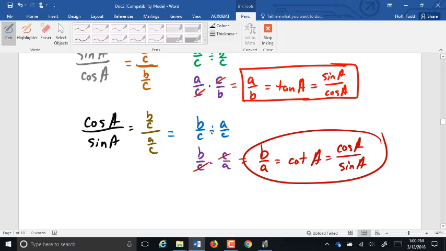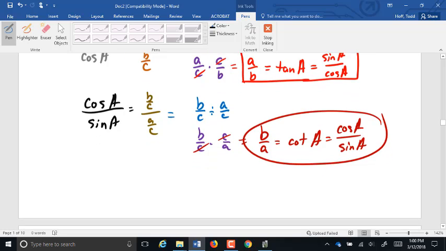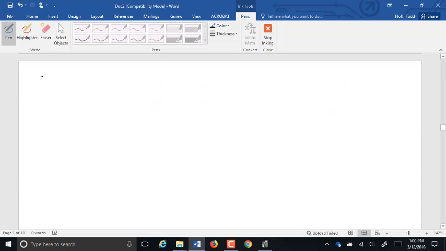So if I know a couple of the trig functions, let's say we know sine of angle P is 0.6 and cosine of angle P is 0.8. Can I find tangent of angle P?